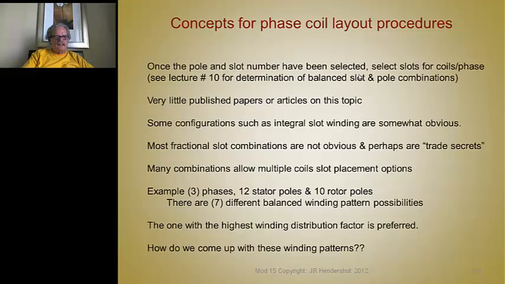But at any rate, some of these fractional slot combinations have a multitude of winding patterns. For example, this 12 slot stator and 10-pole rotor for 3 phases has 6 different winding patterns possible for balanced 3-phase windings. Only one of them has a very high winding distribution factor, and so how do you find that one?